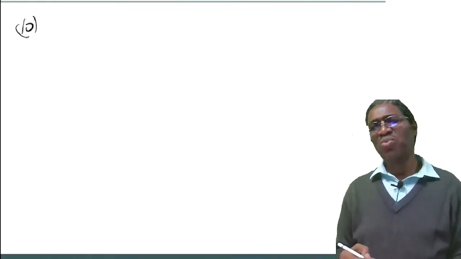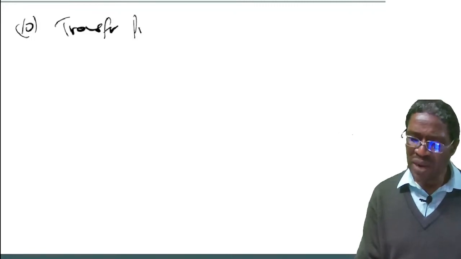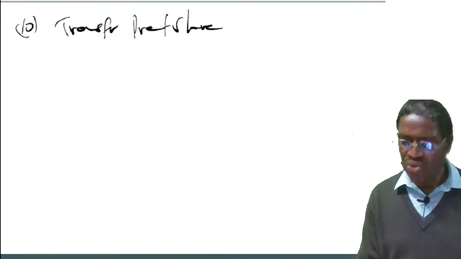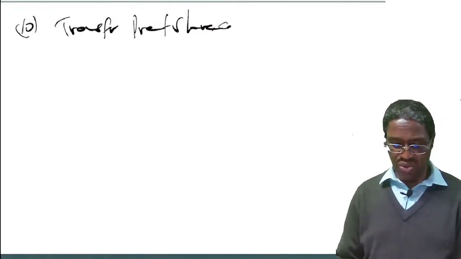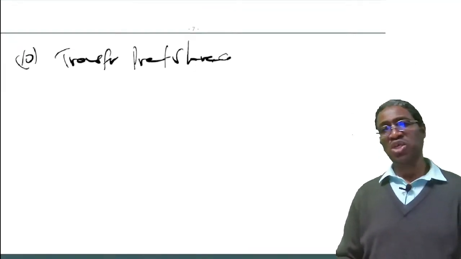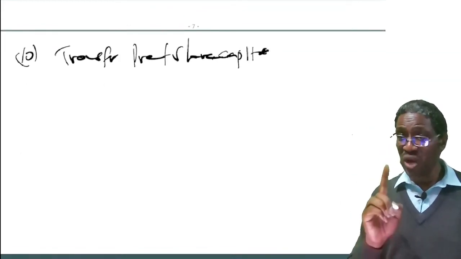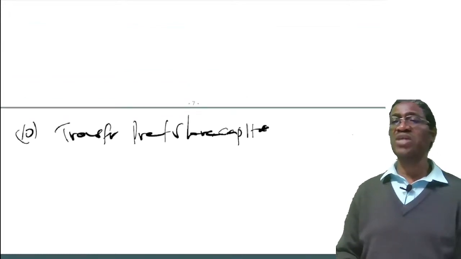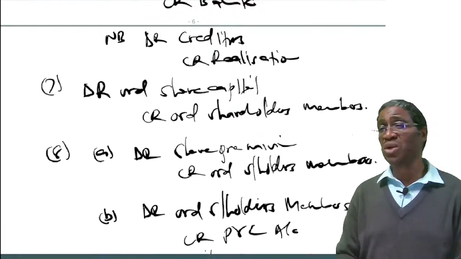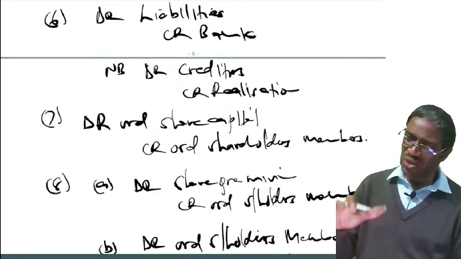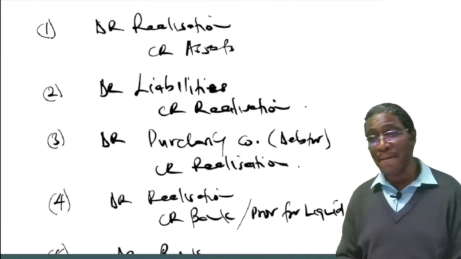So step number 10 says, now you transfer the balance of the preference share capital to an account we shall be calling preference shareholders members account. The way you opened ordinary shareholders members, now you will be required to open preference shareholders members account.